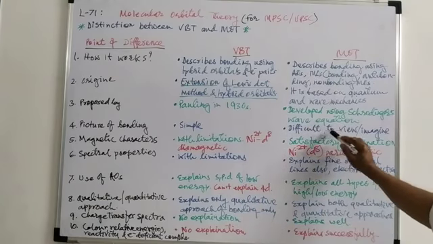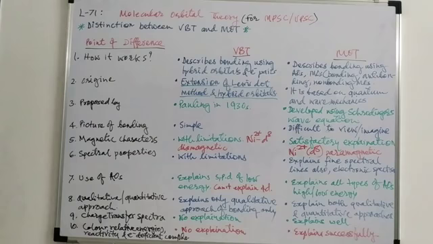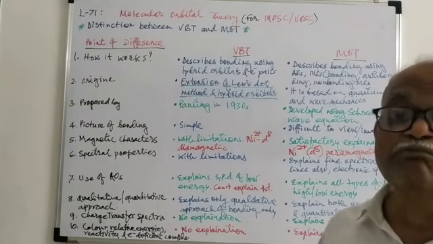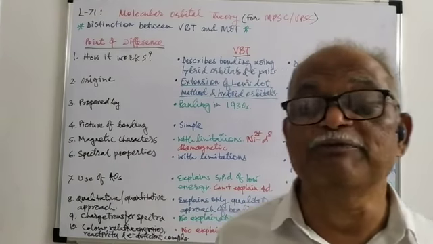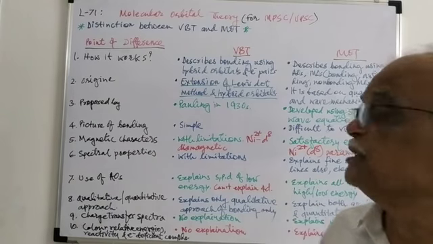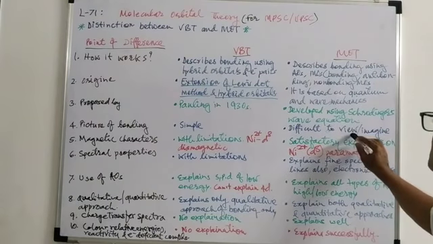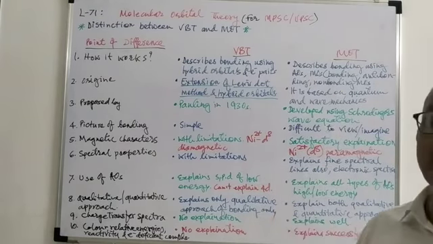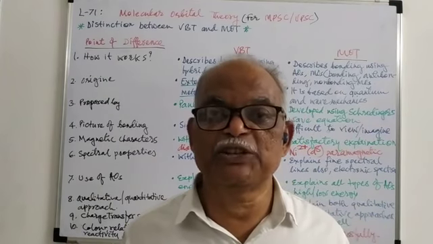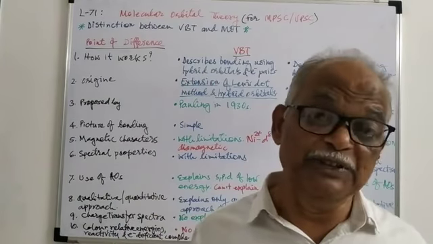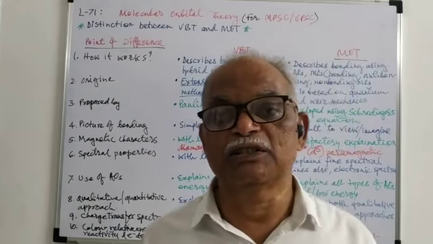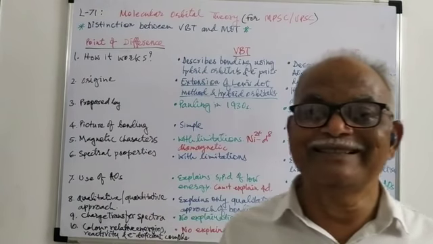Similarly, MOT provides better explanation of the bonding as well as the shape and geometry of the molecule. But this theory is difficult. It becomes rather difficult to imagine the nature of bonding.